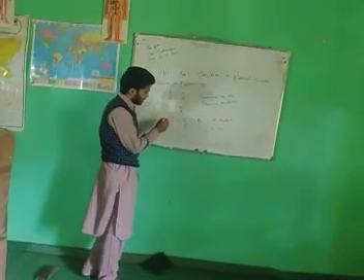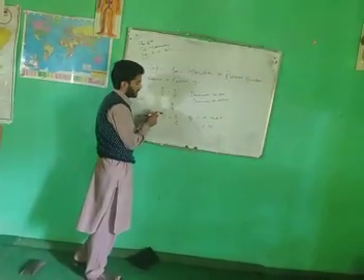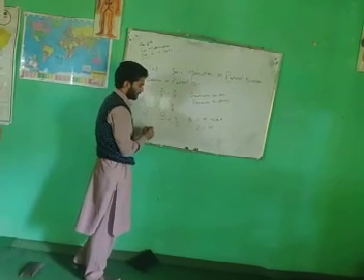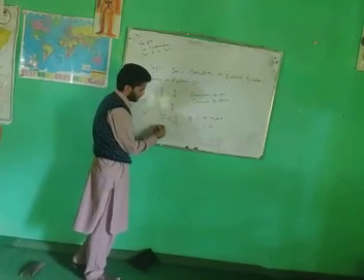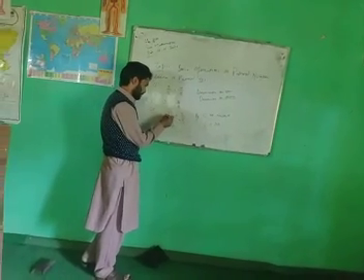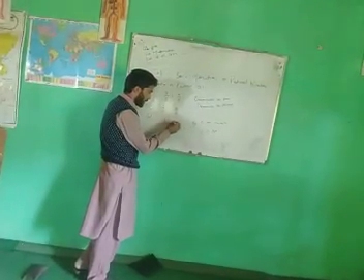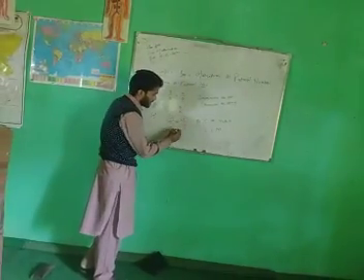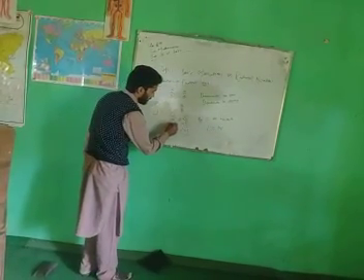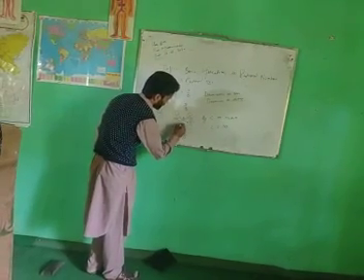This means the numerator of first number is to be multiplied by the denominator of the second number, that is 4 into 8, and sign is plus, and the denominator of first number is to be multiplied by numerator of second number, that is 7 into 5, and denominator of first number into denominator of second number, that is 7 into 8.